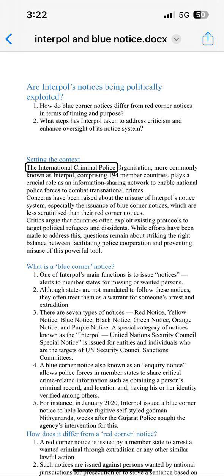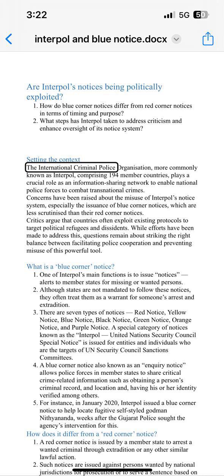Security Council special notice. This is the notice issued by the Security Council of United Nations to the member countries where the offenders have been members of the committees and the entities.